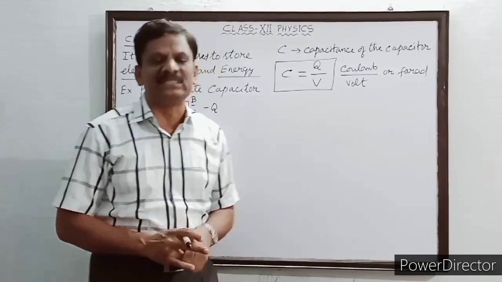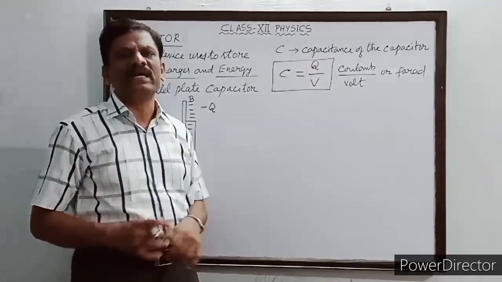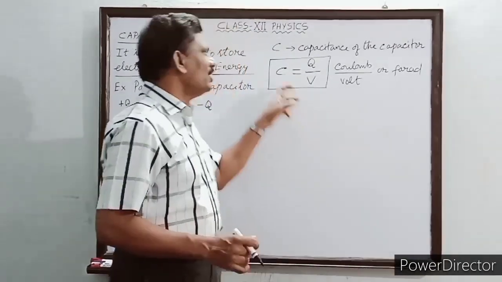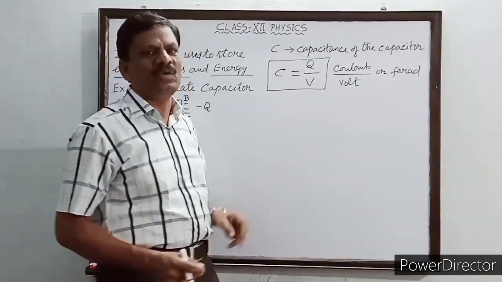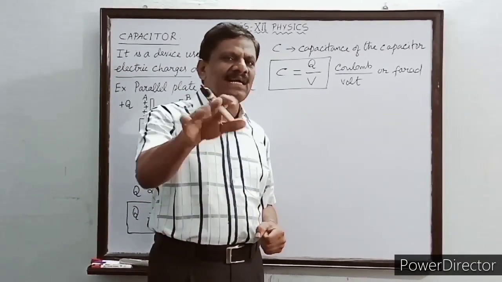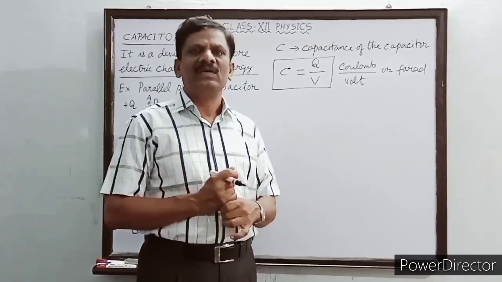Now this equation C equal to Q by V is very simple, but there are so many concepts hidden in this equation. Since Q is in the numerator and V is in the denominator, you cannot say directly that C is directly proportional to Q and inversely proportional to V. The capacitance does not depend on the quantity of charge and the potential difference at all. Why?